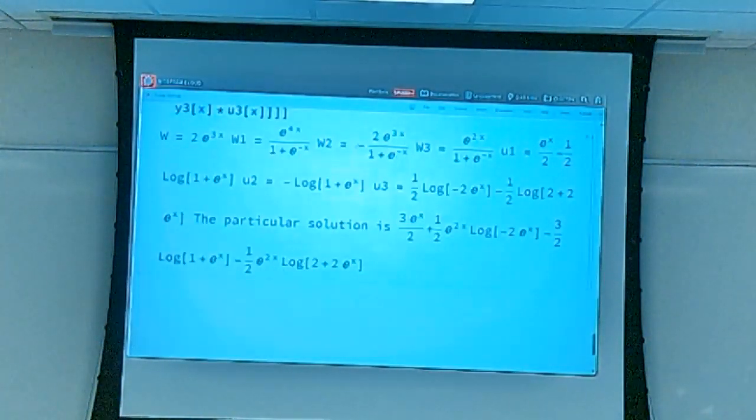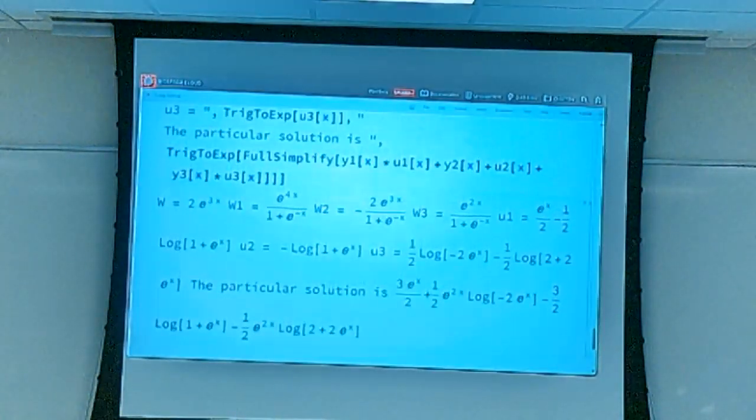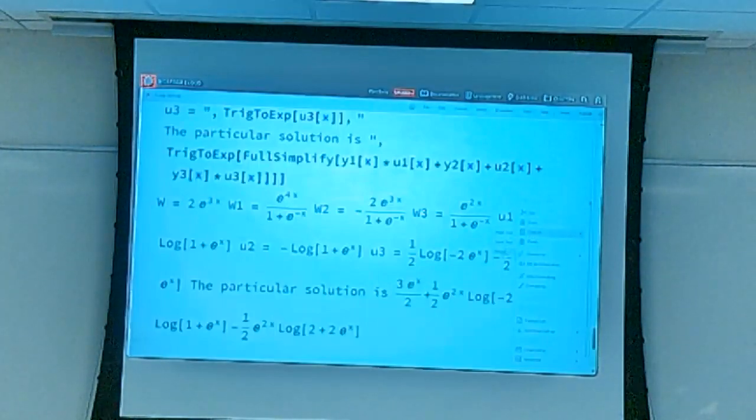What's happening? Oh, okay, I simplified with my notes. I think what I'll do is I'll just copy this. Copy as an image.